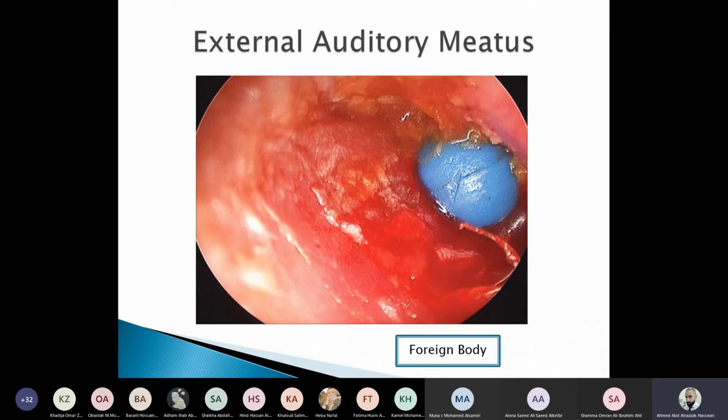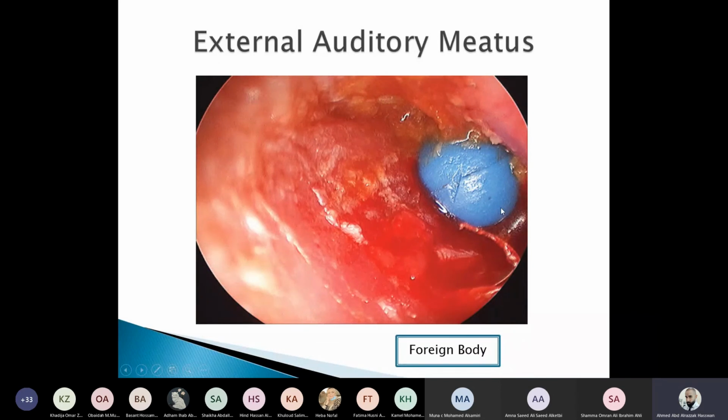There was also a documented case about a lady. She's young, around 25 years old, and she had progressive hearing loss. Later on, when they did the examination, they found a small bean, which had actually grown inside the ear canal.